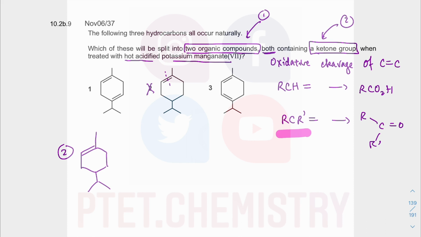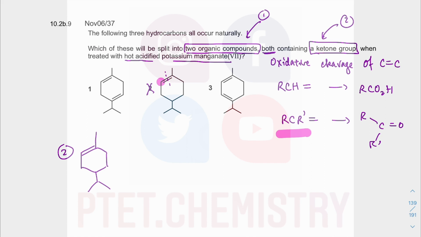And I also can tell you a second reason why it's wrong. Because if you look at here, this is a carbon, there's a hydrogen, and there's a carbon. So it's a RCH double bond. You get carboxylic acid here, and you get a ketone here. You want 2 organic compound, which this one already doesn't give you. You want both contain a ketone group.